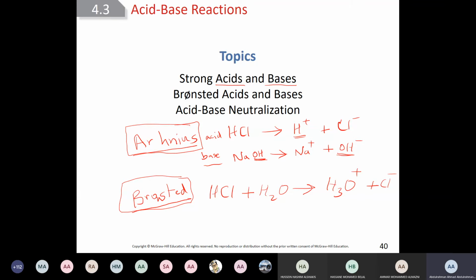So he says that the H will go to the water, and the thing that gives the H plus is considered to be acid. So is this acid? Yes. Is this clear? Anything that gives H plus is acid. It gave the acid to this one. But he says anything that takes the H plus is called base.